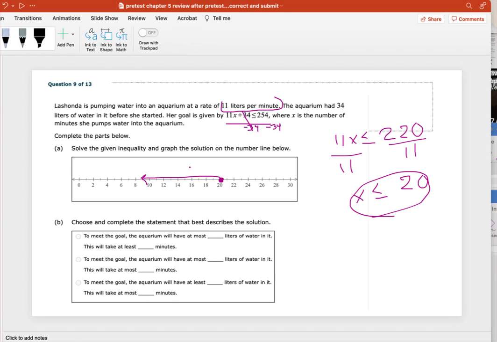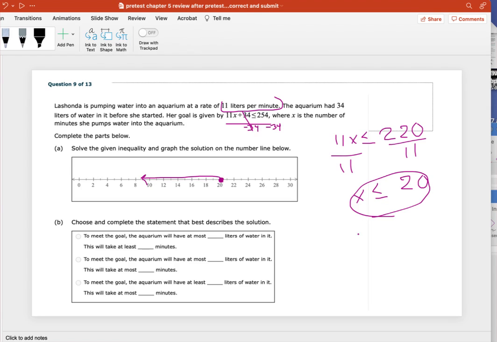Okay, so when we're looking at this, we're going to say x, which is the number of minutes, x is less than or equal to 20. Okay, that means if x goes over 20, it doesn't work.